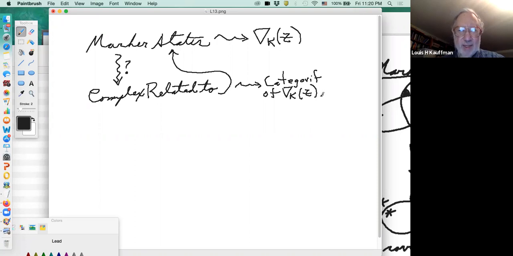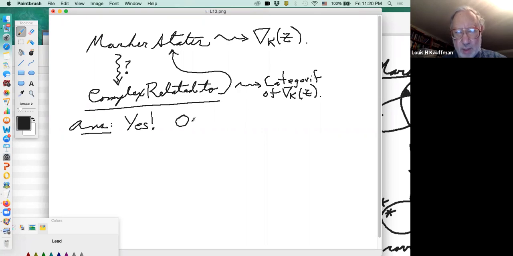So you might ask, being such sophisticated persons about categorification, perhaps there's a complex related to the marker states that leads to a categorification of the Conway polynomial or the Alexander polynomial. And the answer to this question is yes.